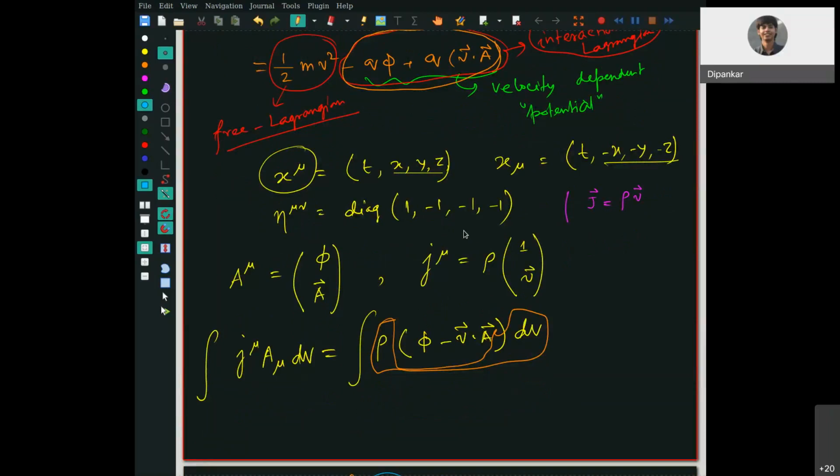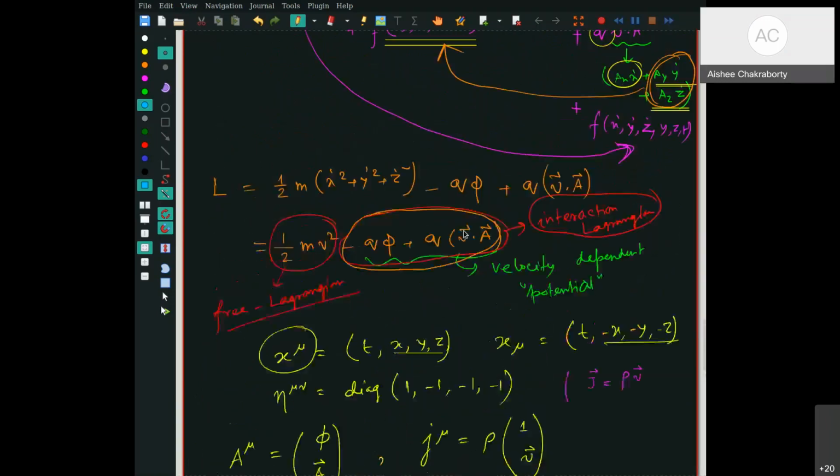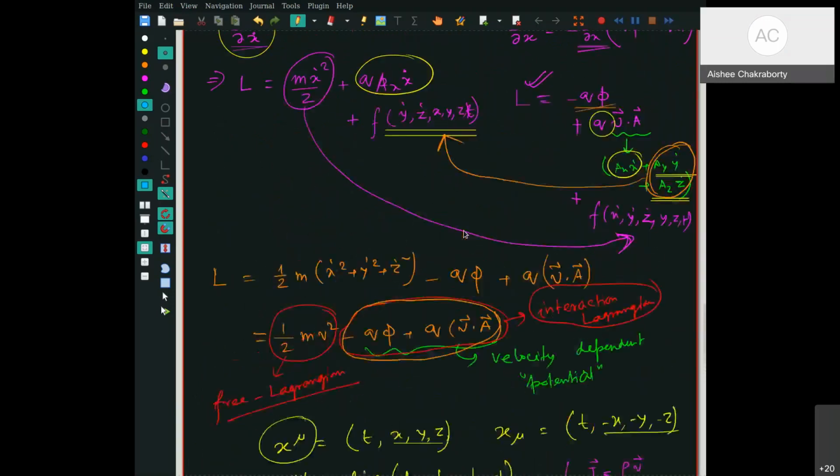Please once more say how the constants are cancelled when we are writing the Lagrangian. Nothing is cancelling.